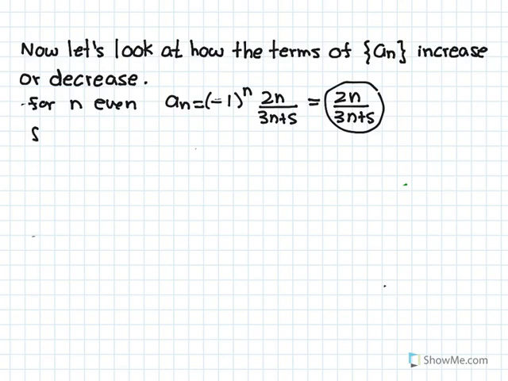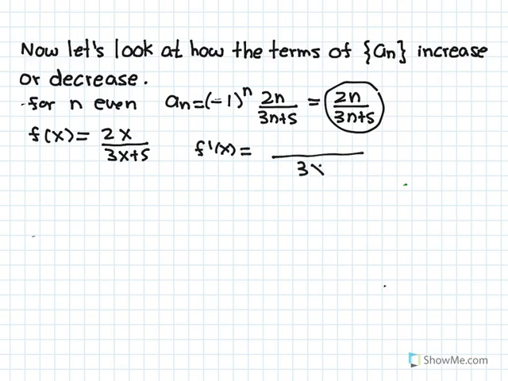Let's consider the analogous function f of x equals 2x divided by 3x plus 5. Let's take the derivative applying the quotient rule, so we get f prime of x equals, square the bottom, we get (3x plus 5) all squared, take the bottom 3x plus 5, times the derivative of the numerator, which is 2, because the derivative of 2x is 2, minus the top, which is 2x, times the derivative of the denominator, which gives us 3.